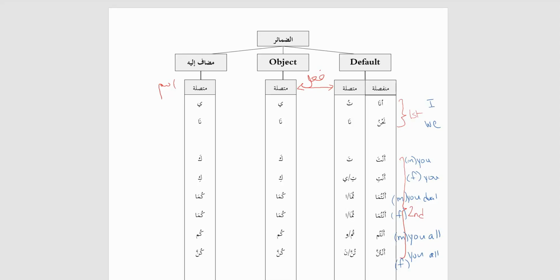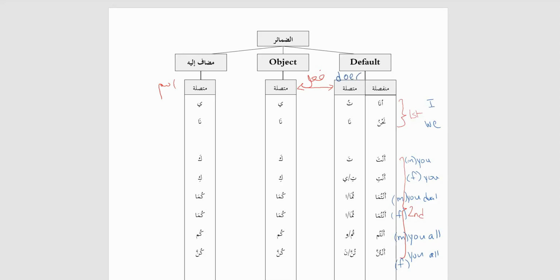Now, if these two deal with fi'ls, what's the difference? The difference is that this column is dealing with when this pronoun is acting like the doer of a verb. So this is acting like the doer.